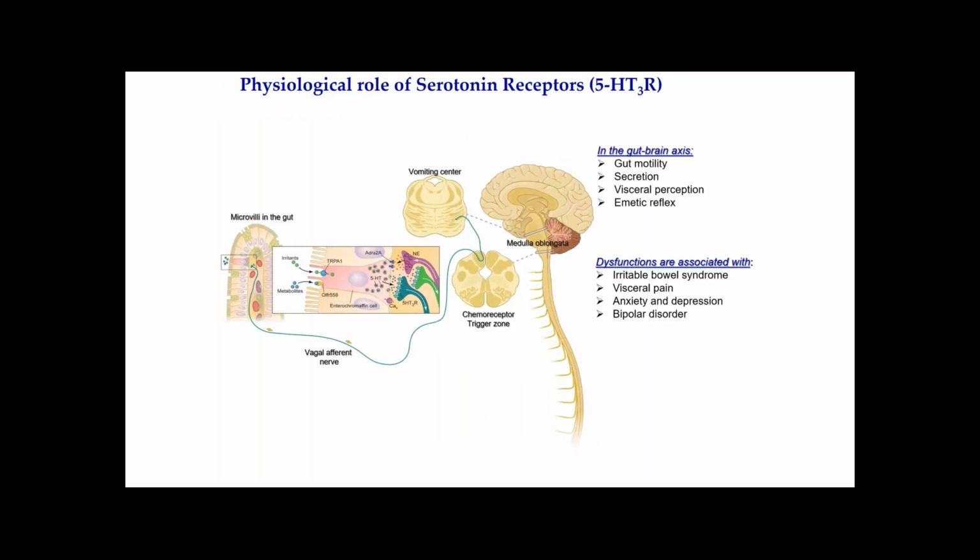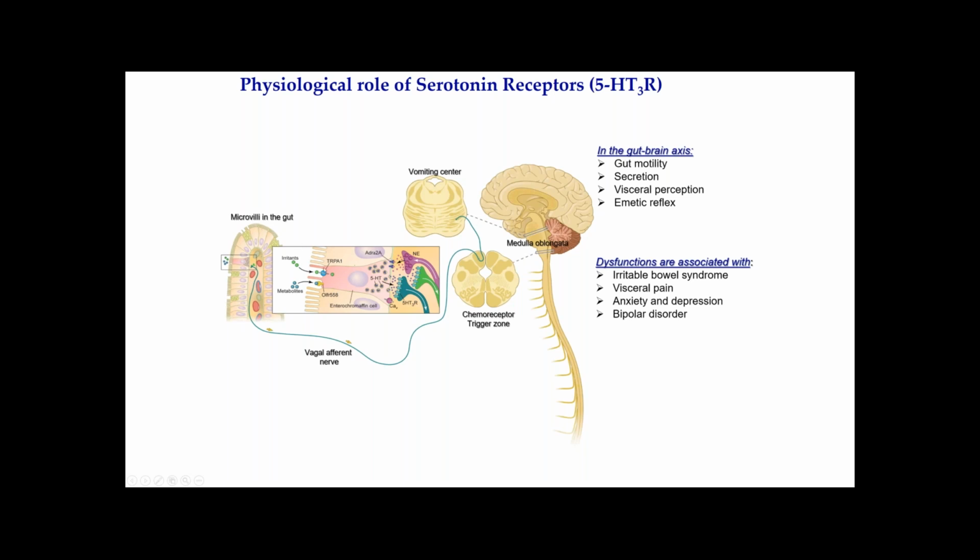So where are serotonin-3 receptors and what is their function? They are ubiquitously expressed, but their primary function is in the gut-brain circuitry. About 90% of serotonin produced in our body is in the gut, and it is produced by a specialized type of cell called enterochromaffin cells that lie alongside the epithelial cells in the gut.